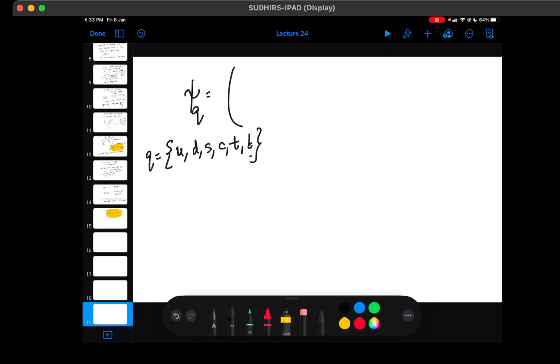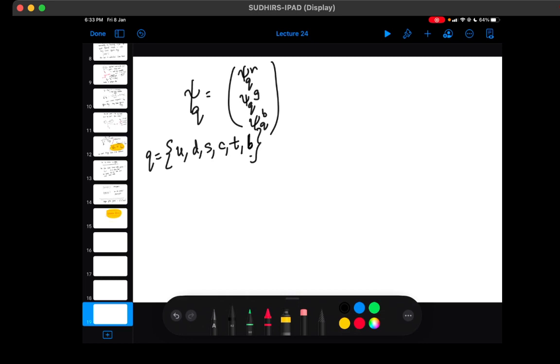They come in 3 colors, so they will be psi q R, psi q G, psi q B. This is a triplet of SU(3) color.